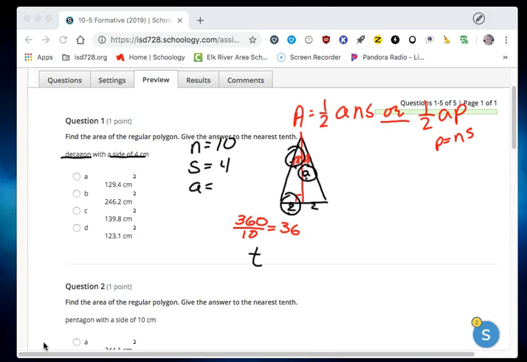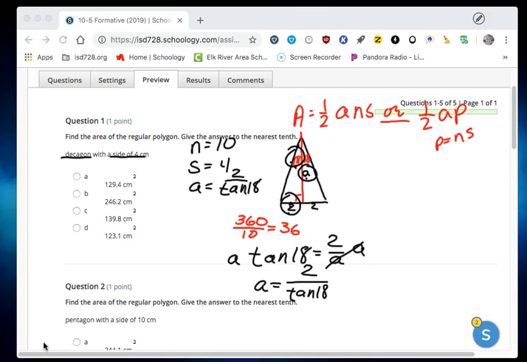I've got tangent of 18 equals 2 over A. Now I've got to solve for A. I need that A over to the left, so I multiply by A and divide by tangent. So A is equal to 2 divided by tangent of 18. So now I have my value for my apothem.